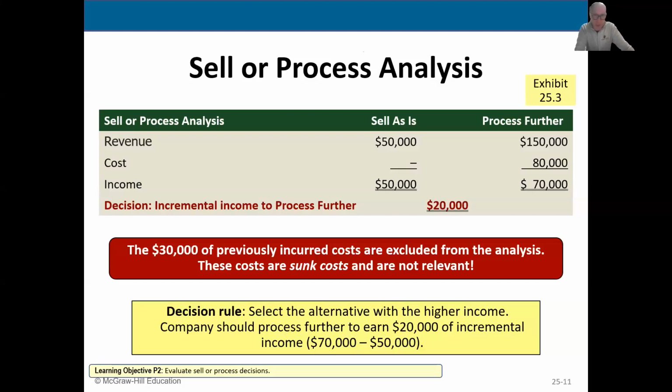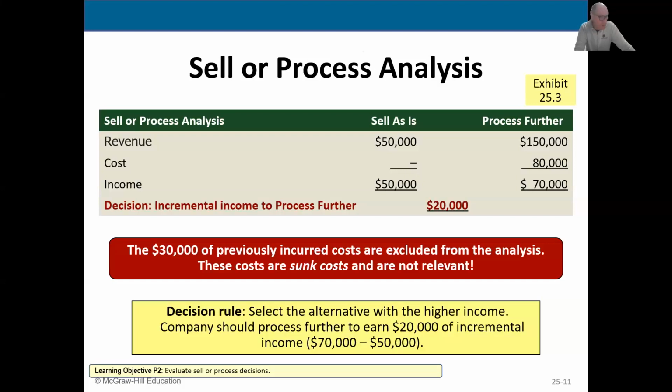So here we have the example. If I sell it as is, I get 50,000. If I process it further, I can get 150,000. But when I process it further, there are additional costs related to processing it further. It's also important to remember that there was an original investment of 30,000.